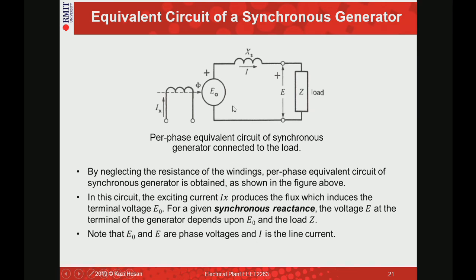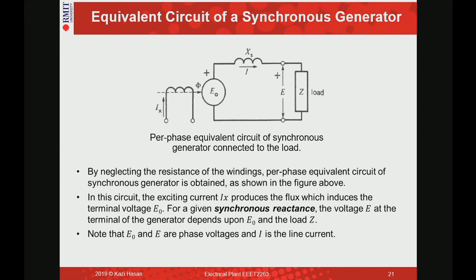Now, in this type of mathematical problem situation, just remember this is a per phase representation. Per phase representation means your E0 is phase voltage, E is phase voltage, I is also phase, but because this is Y connected, phase and line is the same.